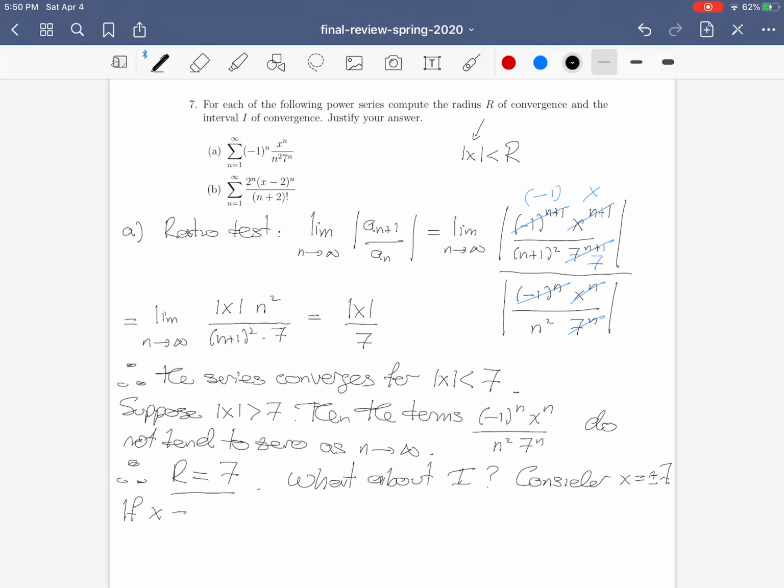So, if x equals 7, plug that into our series, and what does it become? It becomes the series (-1)^n divided by n^2, which converges. And if x is equal to negative 7, then our series becomes 1 over n^2, which also converges.